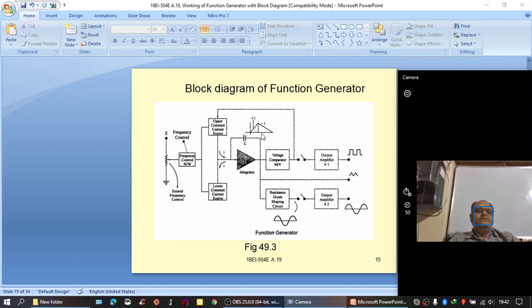What happens? The cycle time period decreases and frequency increases. So by increasing the supply voltage here, you can increase the frequency. By decreasing the supply voltage here, you can decrease the frequency. So that is about the working of the function generator.